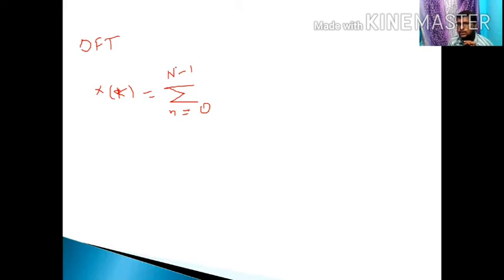So 0 to 7 totally consists of 8 samples.